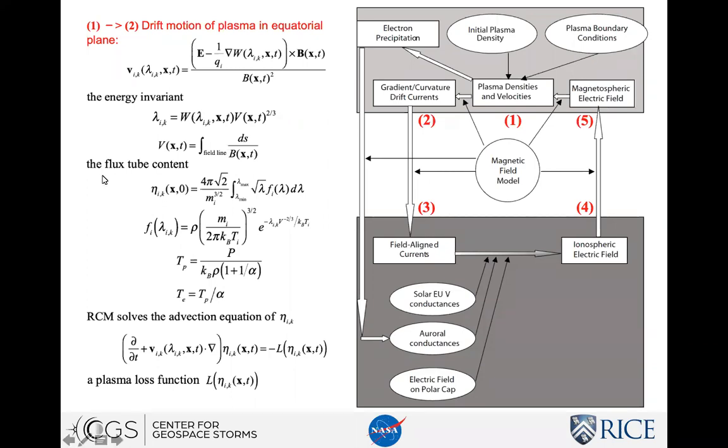RCM calculates the kinetic energy of each flow channel to get the advection velocity and the particle population eta in each unit flux tube based on a certain statistical distribution. In our case, it's a Maxwellian distribution. It also solves the advection equation of eta with consideration of loss mechanisms such as precipitation or charge exchange.